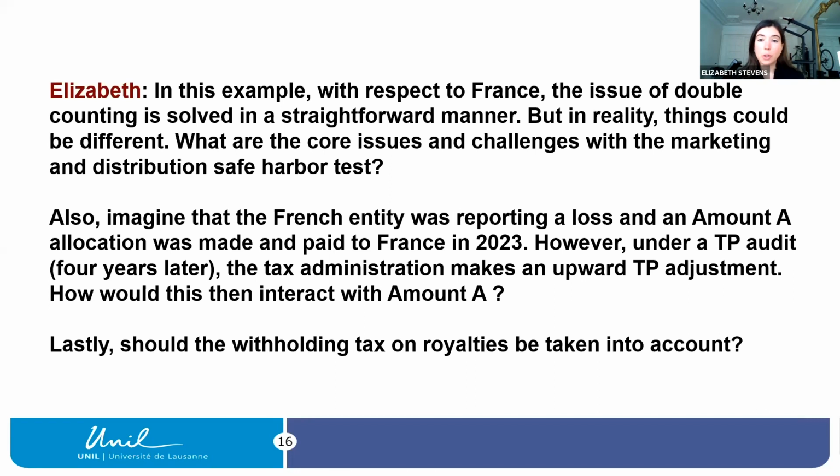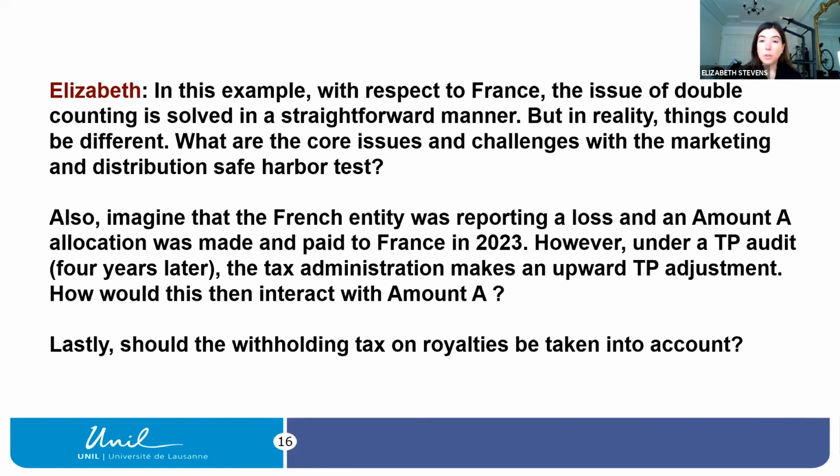One other challenge that I see with the safe harbor test is how does that square with amount B? Because this deemed routine return is 2% on sales. And so everything above that must be non-routine, or it's our deemed non-routine profit that's already sitting in France.